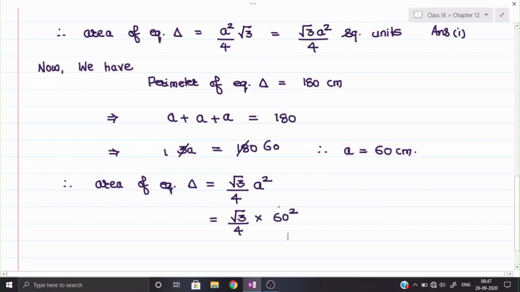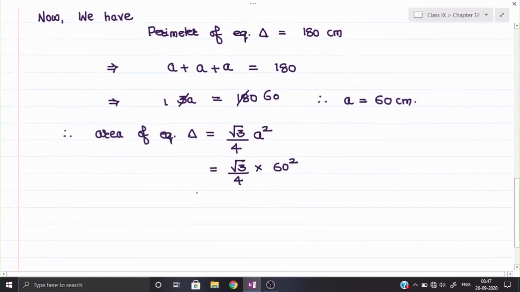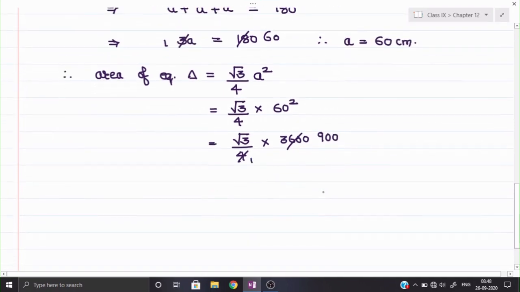Let us find out further. So it will be root 3 upon 4 multiplied by square of 60 is 3600. 4 ones are 4, 4 nines are 36. This will be 900. So we can say that 900 under root of 3 centimeter square. That is also one of the answer.